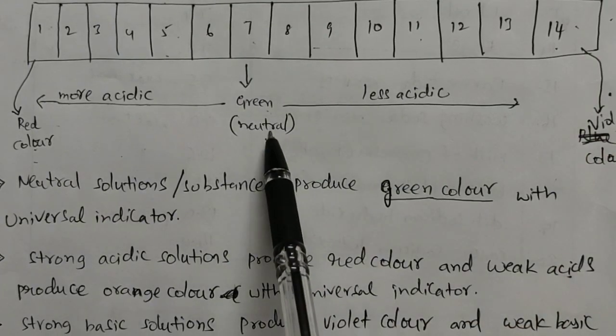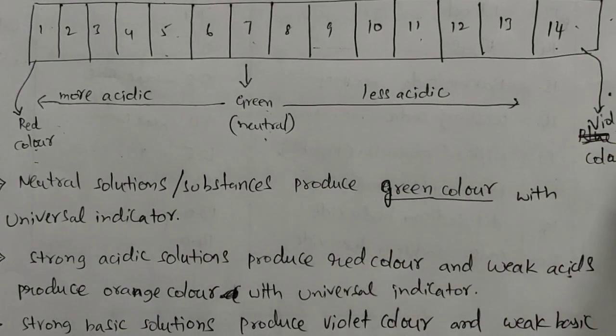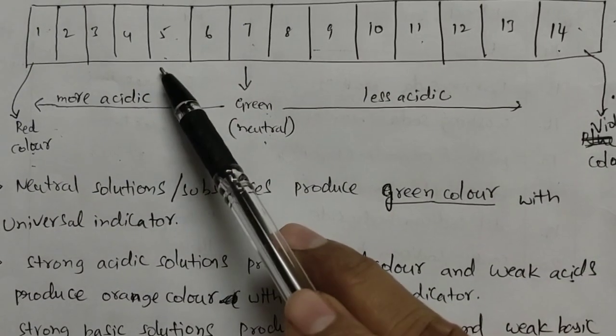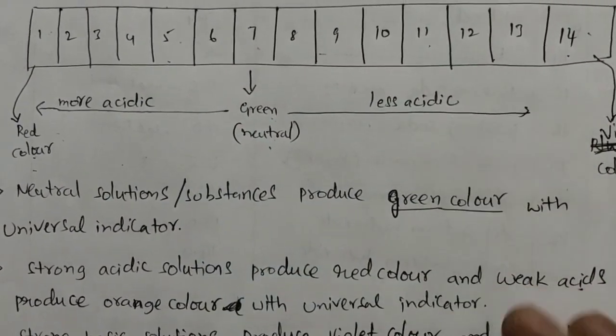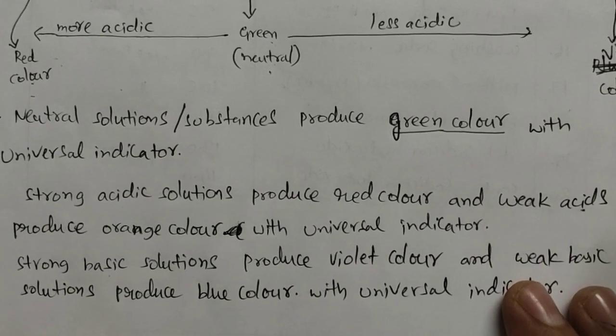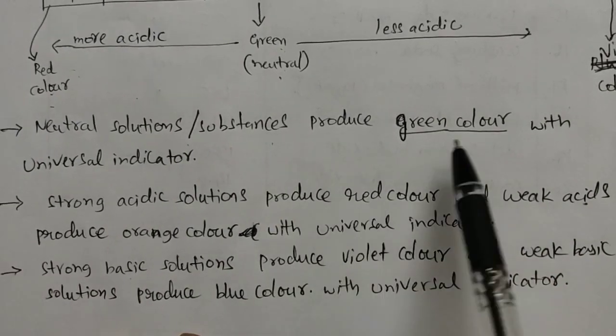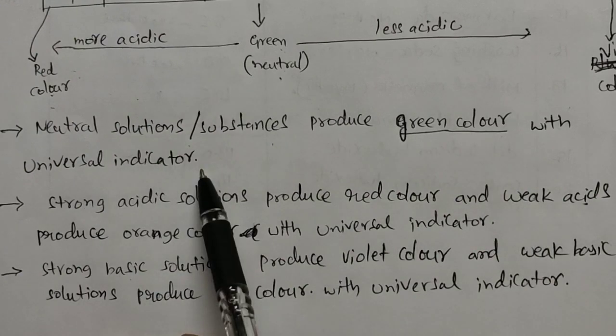What is the color for neutral? What is the color for acidic? What is the color for bases in case of universal indicator? Alright, it is also good if you remember the color for weak acids as well as weak bases. Neutral solutions or neutral substances produce green color with universal indicator.